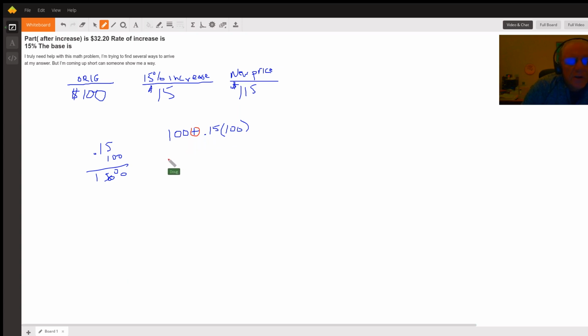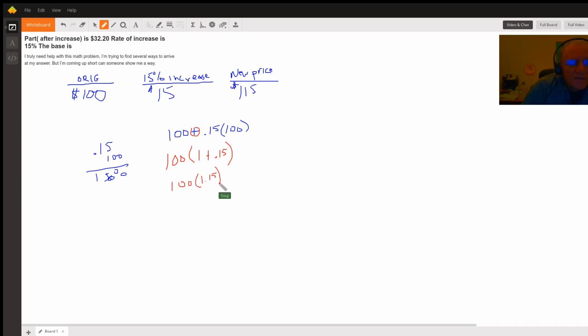So I can factor out a 100. If I factor out a 100 from this term, I'll just get a 1 left over. Plus, there's the plus sign. If I factor out a 100 from this term, I'll have a 0.15 left. And 1 plus 0.15 is just 1.15.